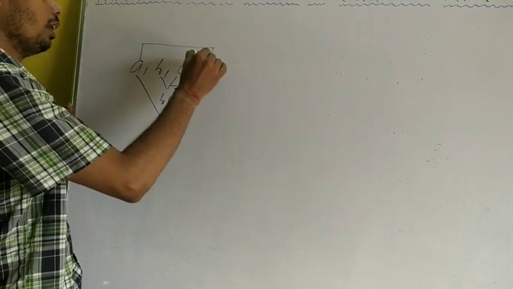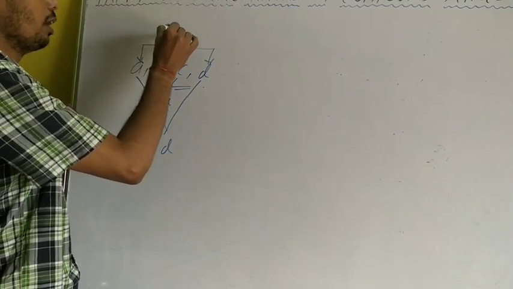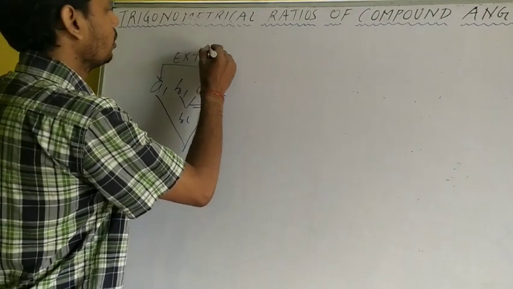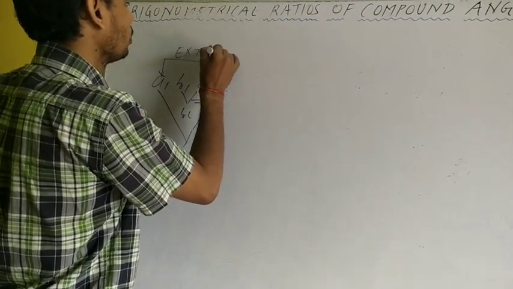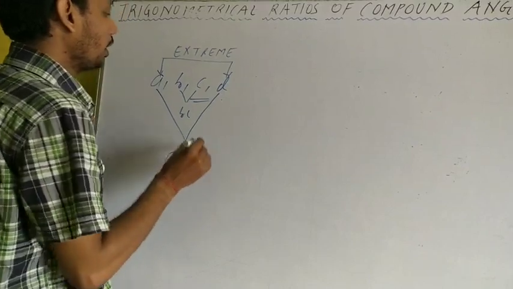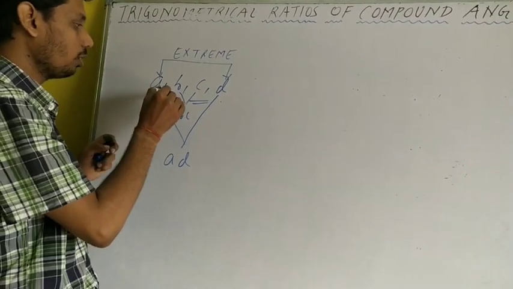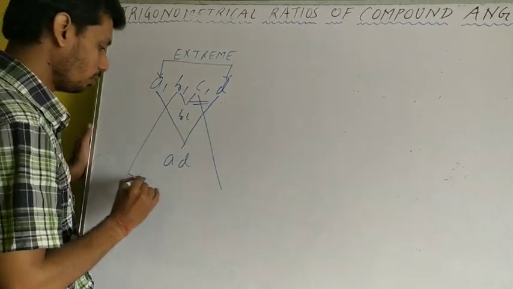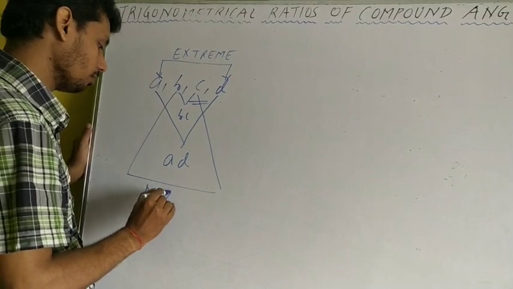This A and D are known as extremes. And this B and C are known as means.